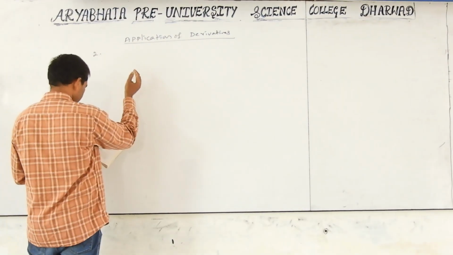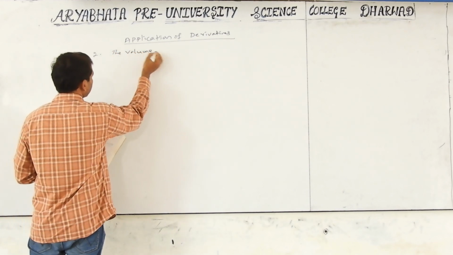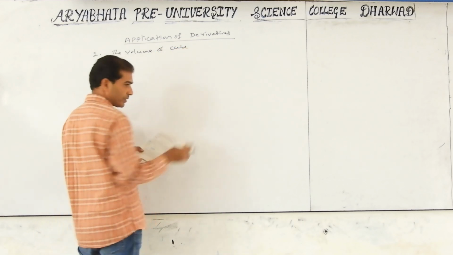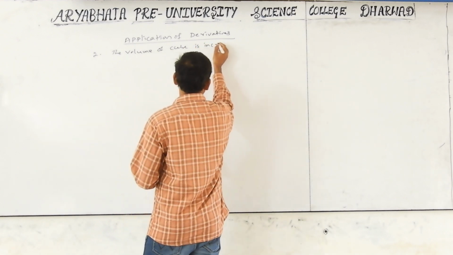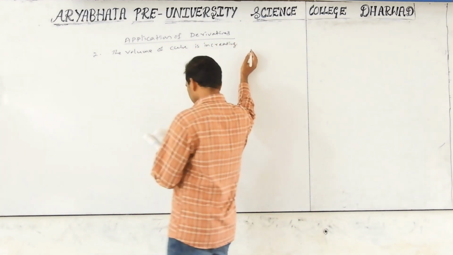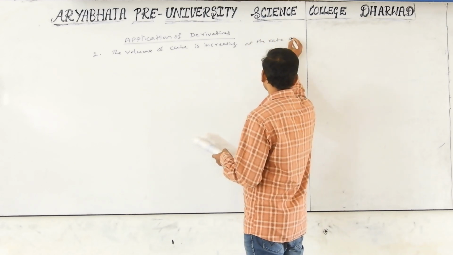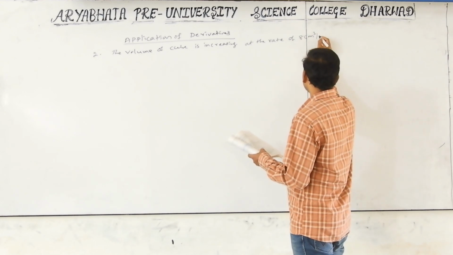Second question. The volume of a cube is increasing at the rate of 8 centimeter cube per second.